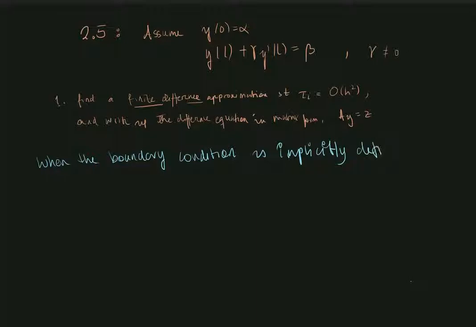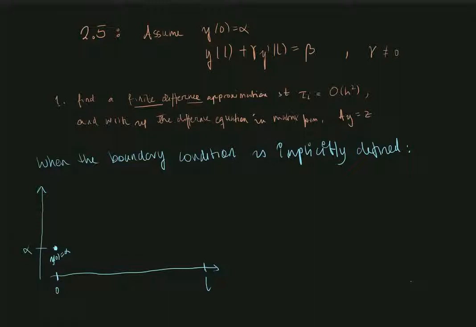So it's implicitly defined. And what do I mean by implicitly defined? Well, the problem here is that when I try to draw my grid, before I could say this is 0, this is L, and I know that y of 0 is equal to alpha. For example, in this point here, this is alpha.